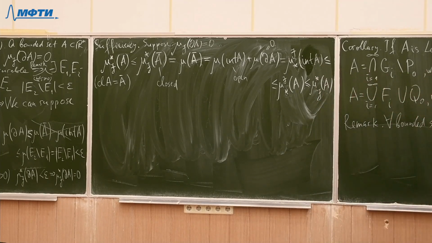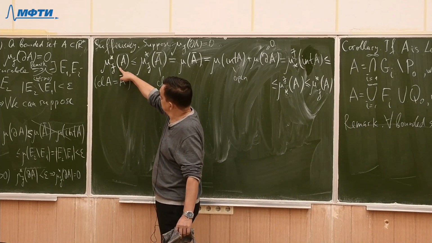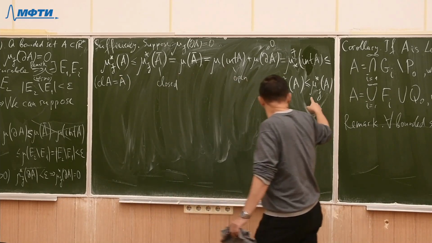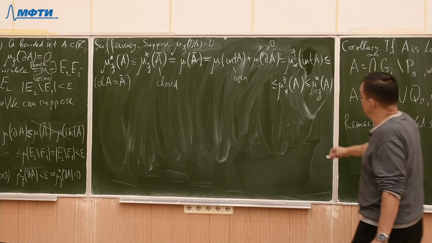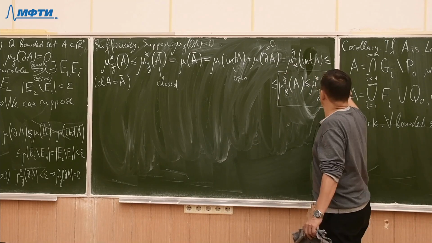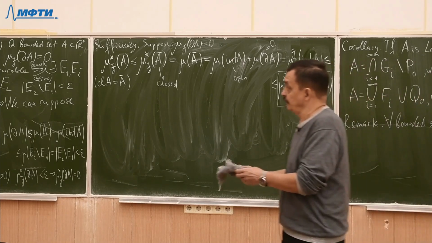So you see that we started with a number and we finished with the same number. Hence, we have equality everywhere here. And what does equality here mean? Equality here means that the set A is Jordan measurable. And that is what we wanted to prove. And the theorem is proved.